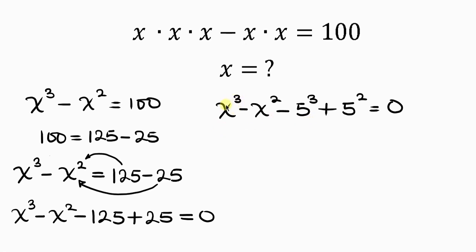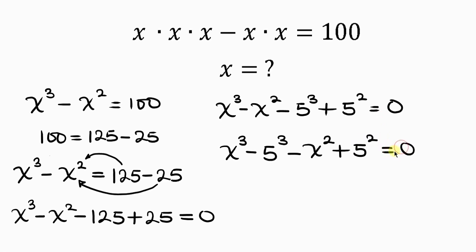I'm going to be grouping the cubes together. So, grouping the cubes, I have x cubed minus 5 cubed. And then grouping the squares together, we have minus x squared plus 5 squared. This is equal to 0.